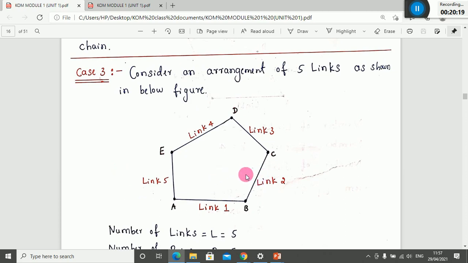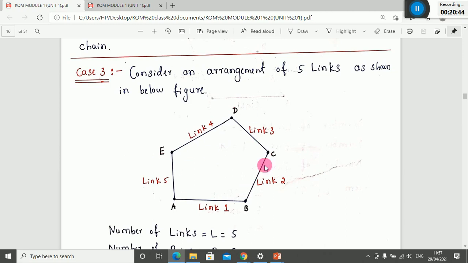After every time, each point on each link will be having a different path. Initially this EA will be having a certain path. After some time, this ED and DC will come down. They'll form a locked one. They'll be locked at the bottom portion. They'll not be able to lift, and they'll not follow a certain path.